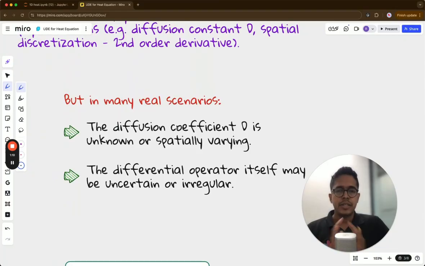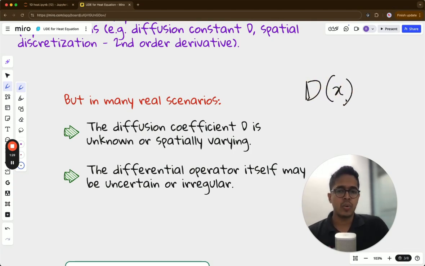But here are some issues which may happen in real life. In real life, you probably don't know what the diffusion coefficient looks like, what its value is. You probably won't know whether D is a constant or whether it spatially varies, meaning whether it's D of x.